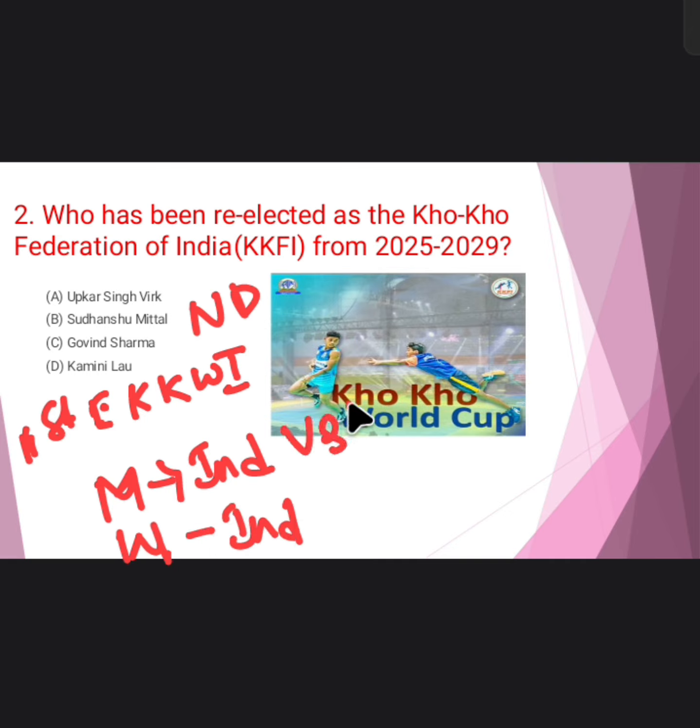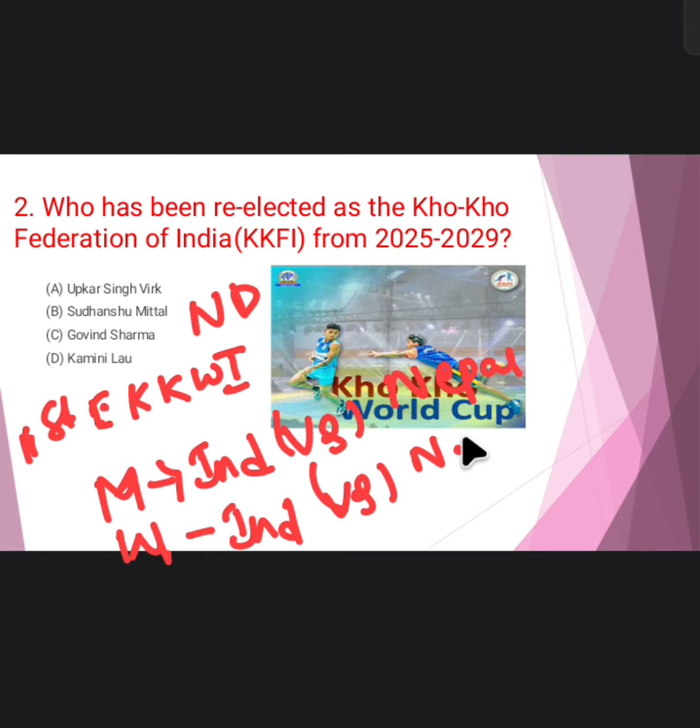Both in the men's category and women's category, India has defeated Nepal. So all these points were also important for the examination. So for this question, option B would be the right answer. Sudhanshu Mittal is re-elected as president of Kho Kho Federation of India.